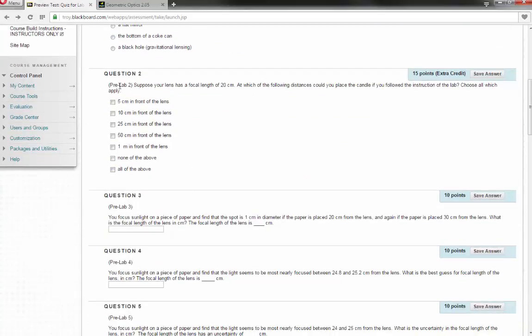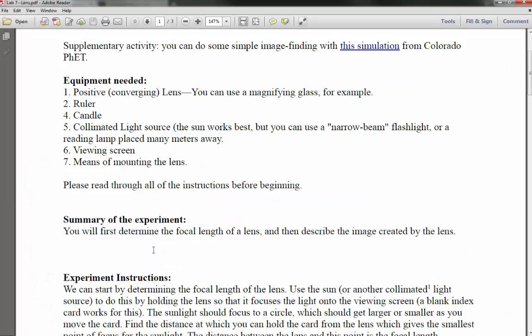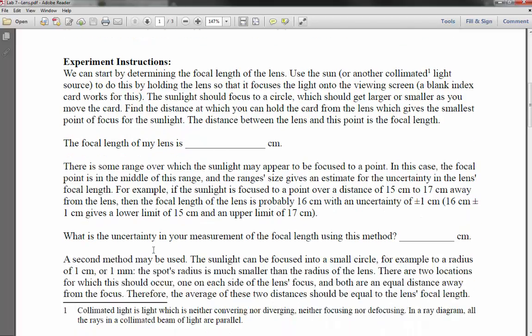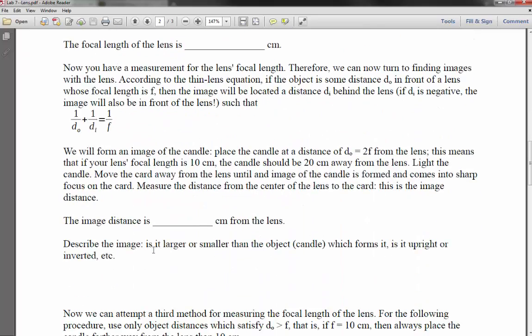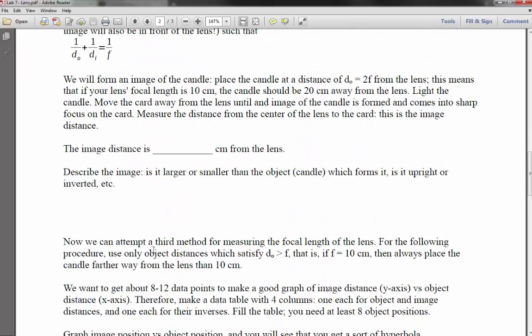Next, second pre-lab question. Suppose your lens has a focal length of 20 centimeters. At which of the following distances could you place the candle if you followed the instructions of this lab? Choose all which apply. We open up the lab instructions again, and you have to scroll down a little ways. It has to do with the third method for measuring focal length.